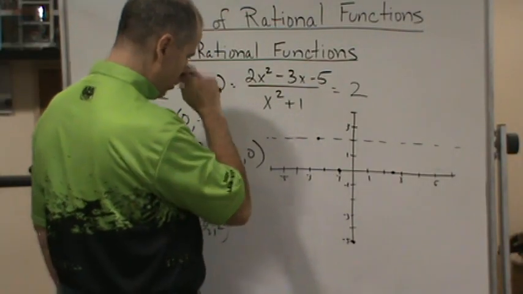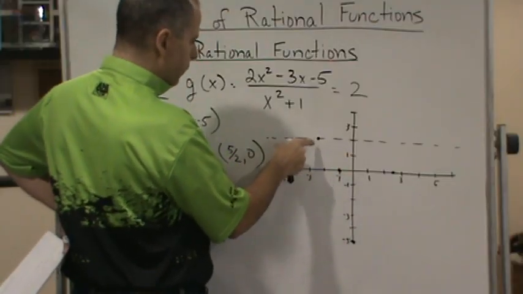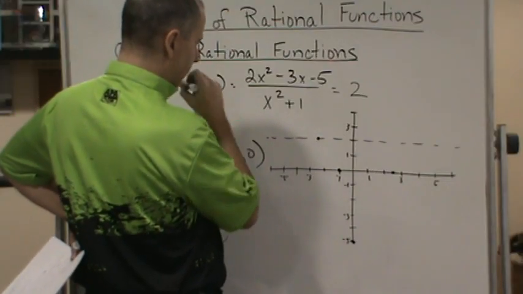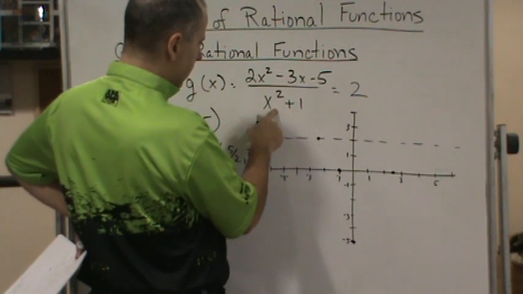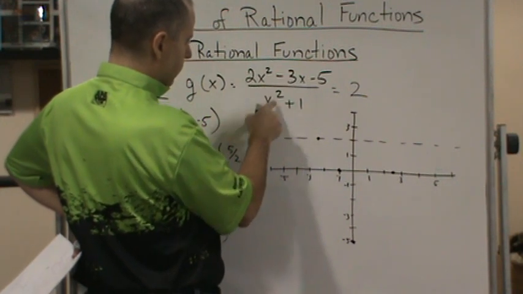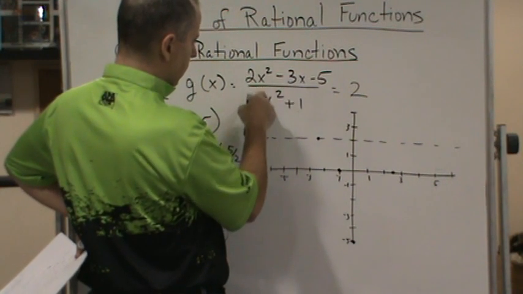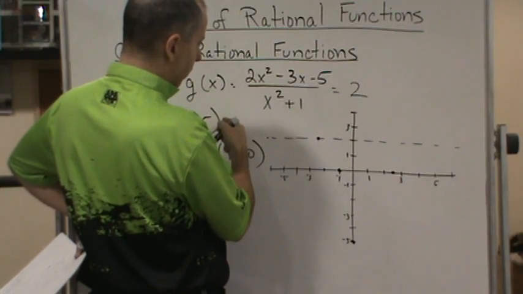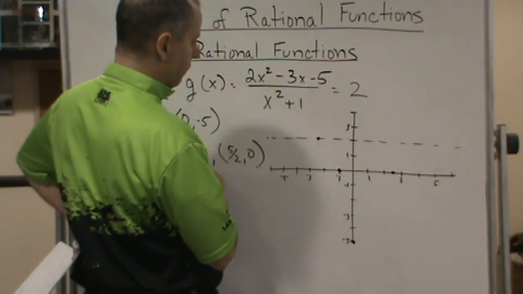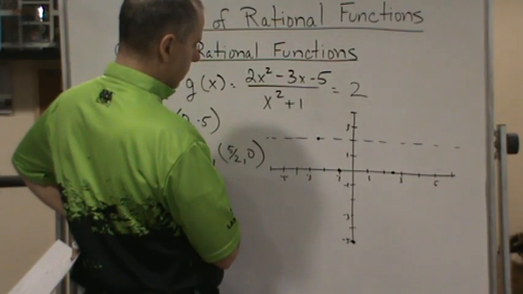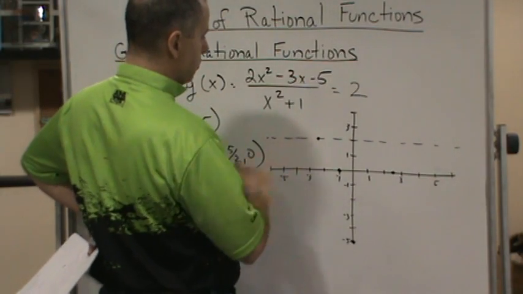Now let's look at something. As we go to negative infinity, what's going on? This is going towards what? 2. And as we go to positive infinity, it's going towards 2.